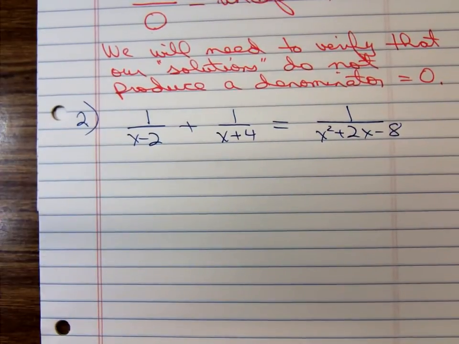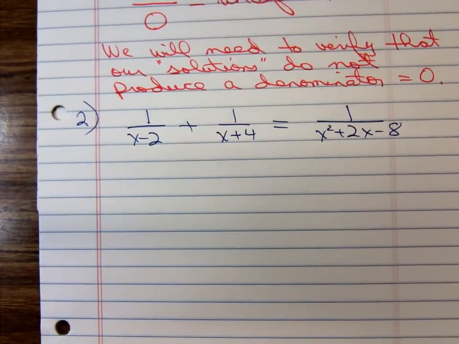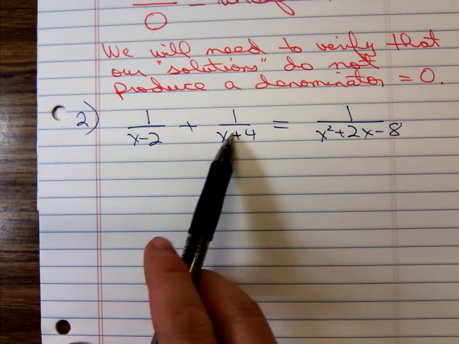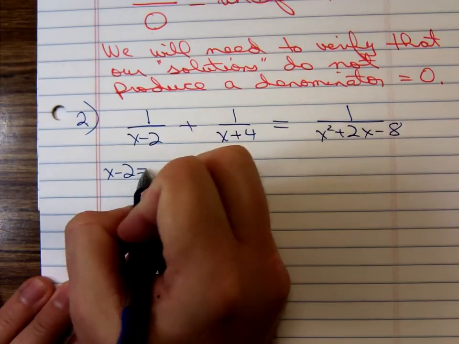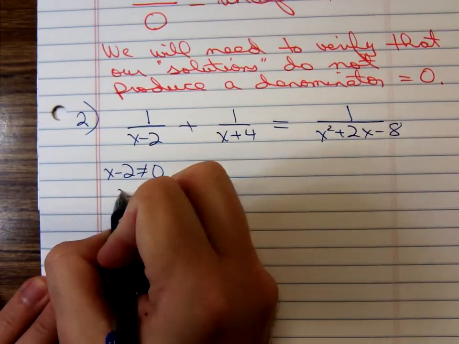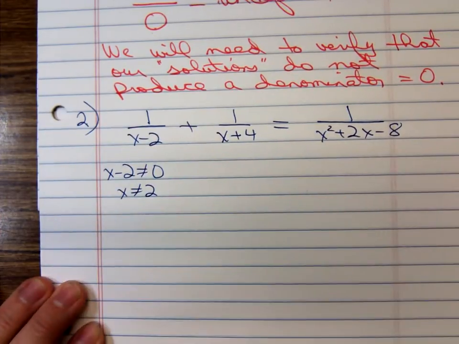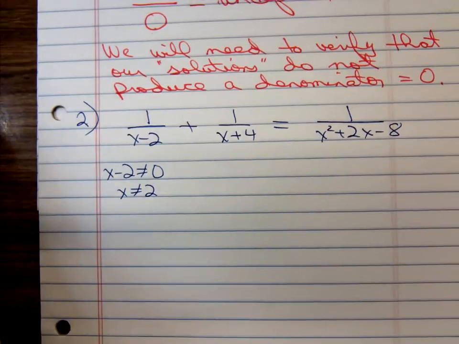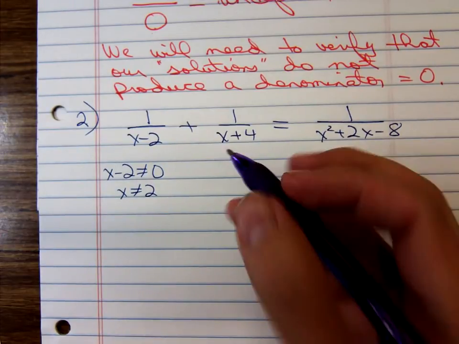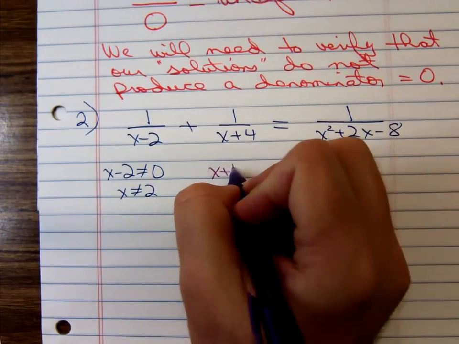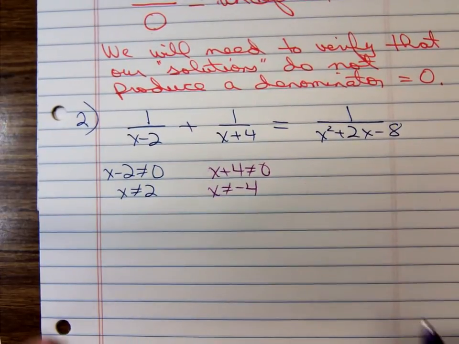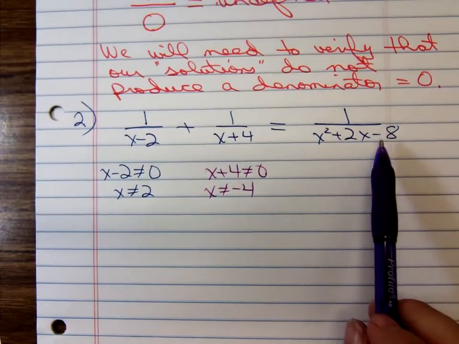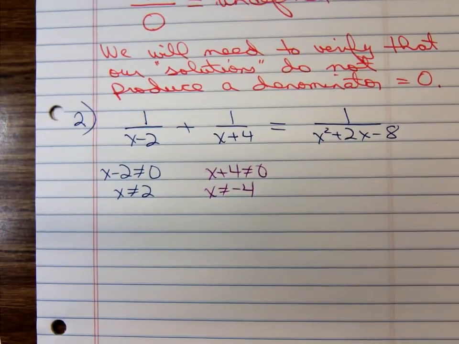Well, we can't allow either of the denominators to be 0. X minus 2 can't be 0, which means that x can't equal 2. X plus 4 can't be 0, which means x can't be negative 4. But the third denominator, x squared plus 2x minus 8, we can't let that equal 0 either.